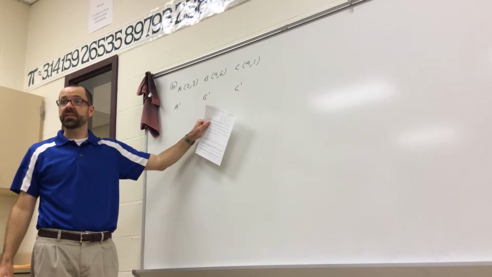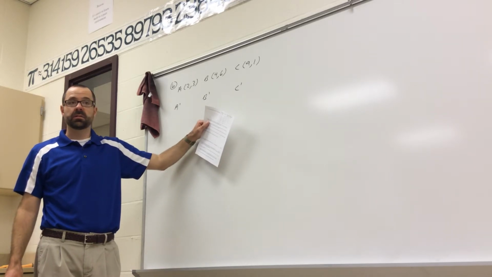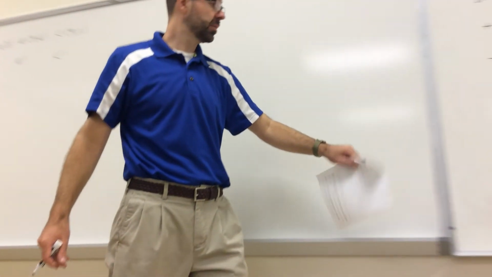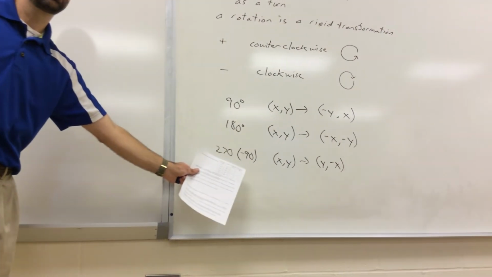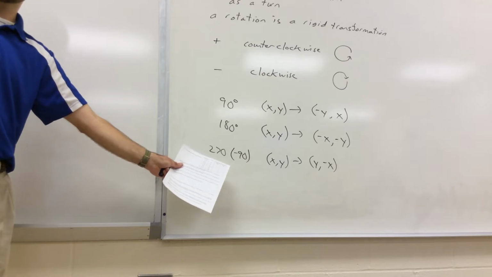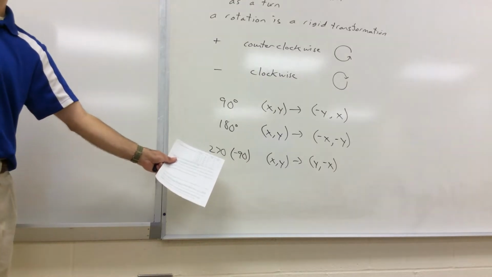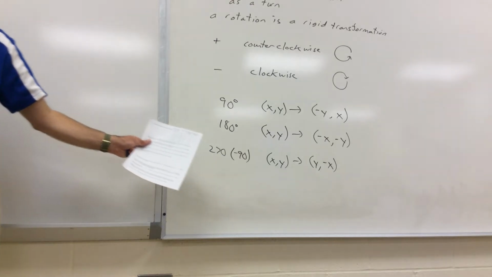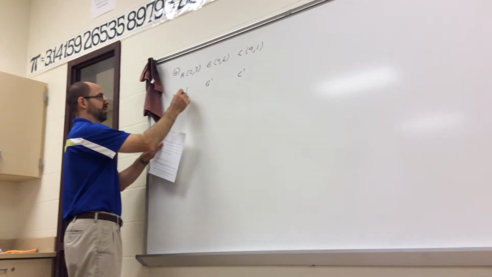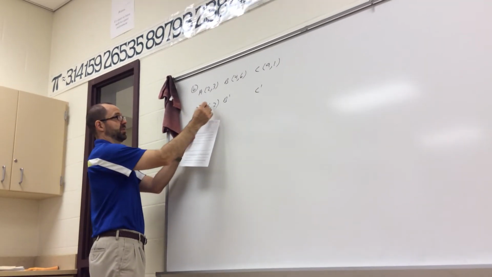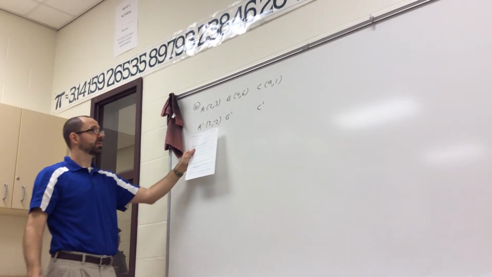Okay, so if you go -90, that's this pattern here. So the numbers get switched, and then the x is opposite. So this is going to switch to 3, 2, and the 2 is going to be negative.